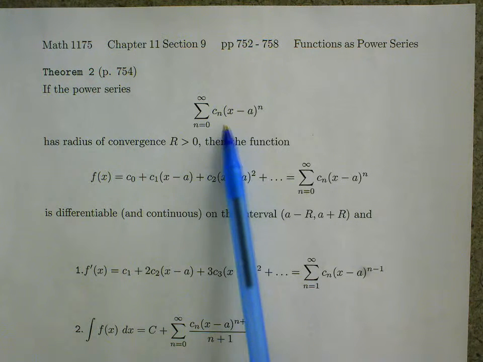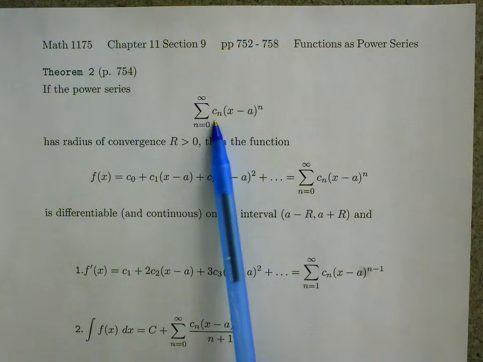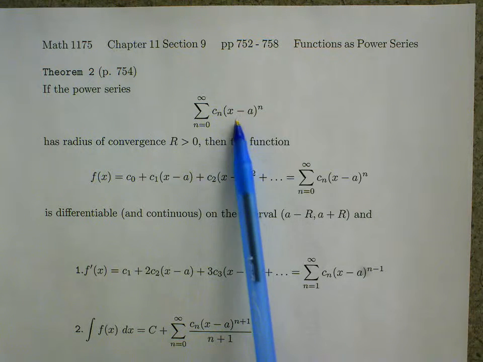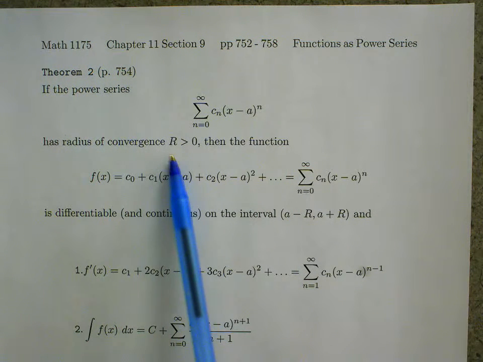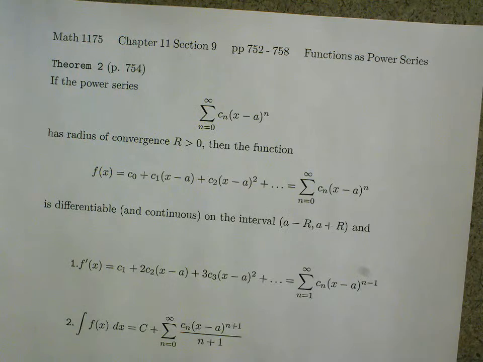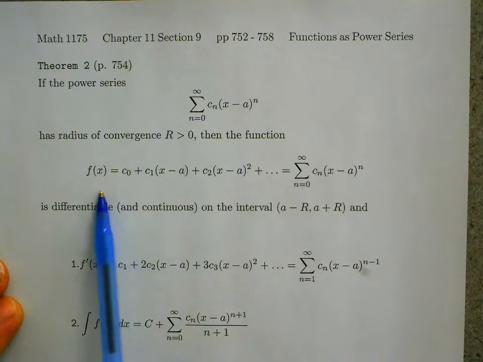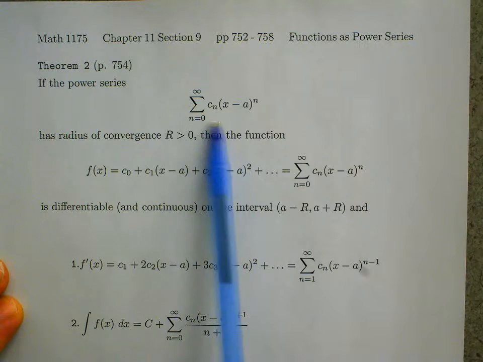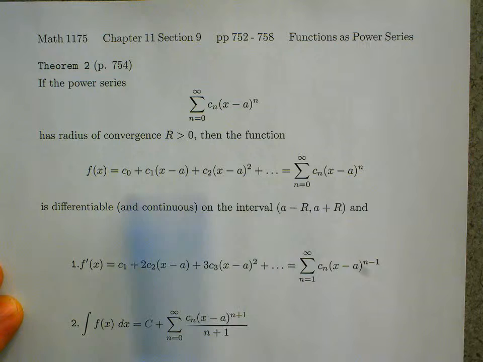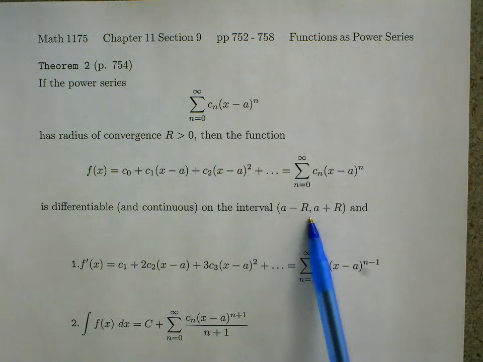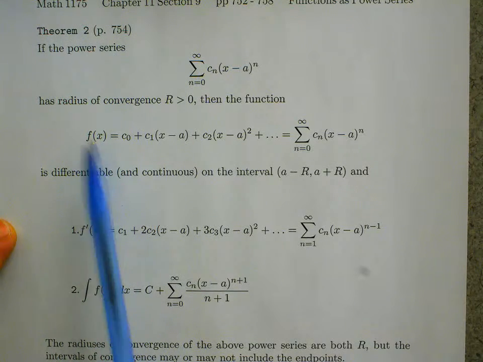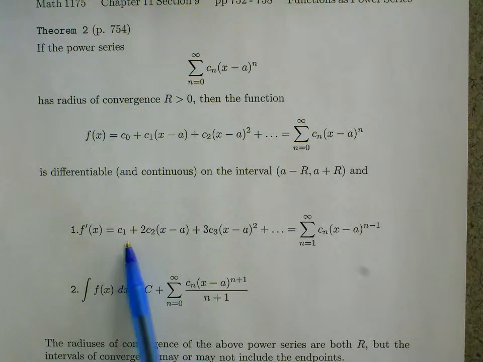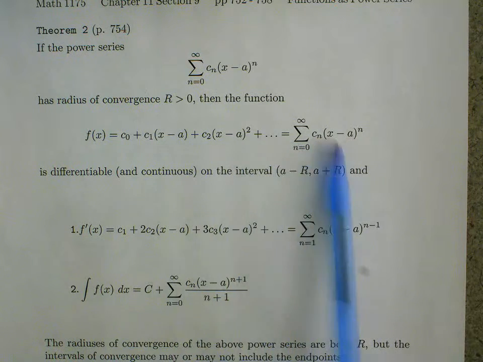So if the power series, where the terms have a coefficient c sub n multiplied by the binomial x minus a to the n, has radius of convergence capital R greater than 0, then the function f of x, which is just the power series, is differentiable and continuous on the interval from a minus R to a plus R. And the derivative of f of x can be found by computing the derivatives term by term from the power series.